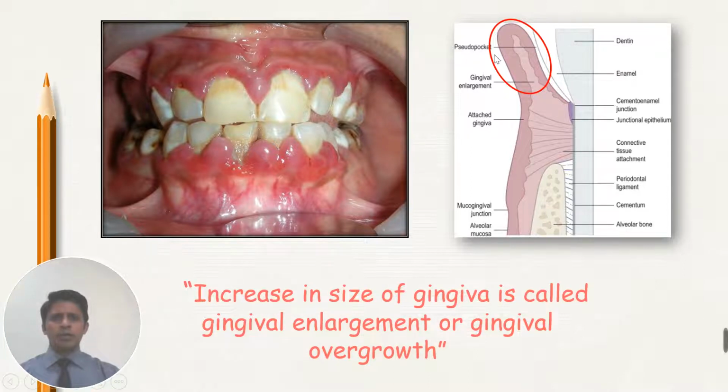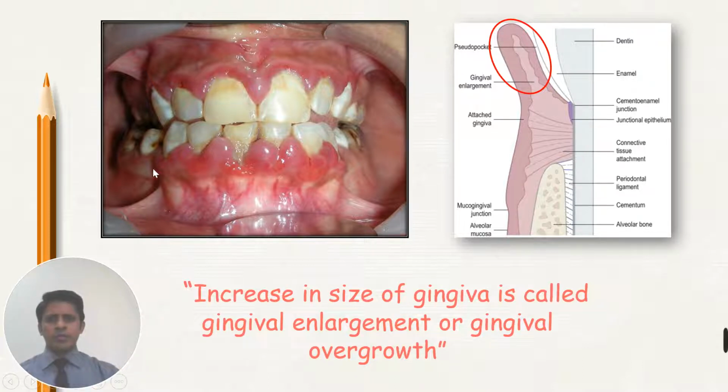Here in this picture, you can see the increase in the size of the gingiva or the gingival sulcus. This leads to the formation of a pseudo pocket, thus causing the accumulation of plaque and debris and leading to increase in the inflammation.